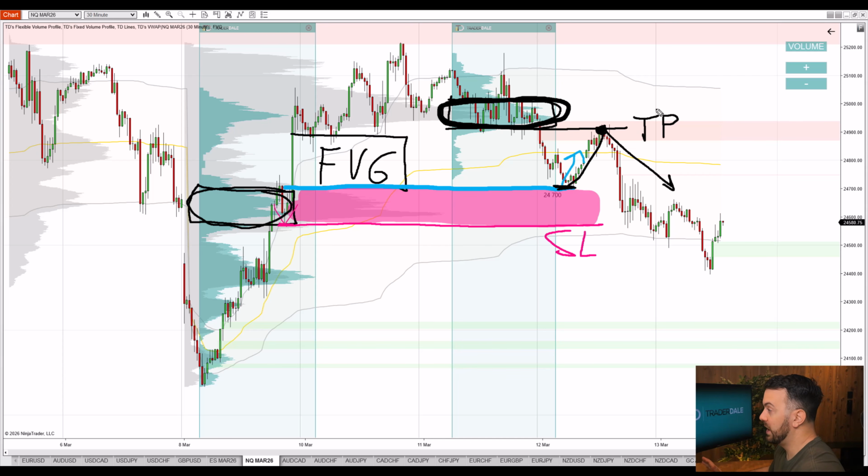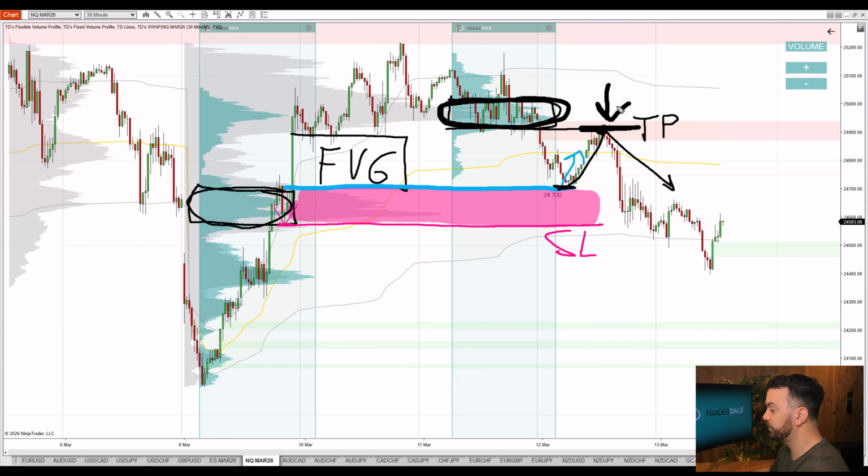This is a rule which I follow in most of my trades, I would say 90% of all my trades. Stop goes behind heavy volume zone, take profit before heavy volume zone. Exactly like you see in here. And as you can see, the price really reacted to the beginning of the heavy volume zone here. So this was actually the best place to quit that long trade.